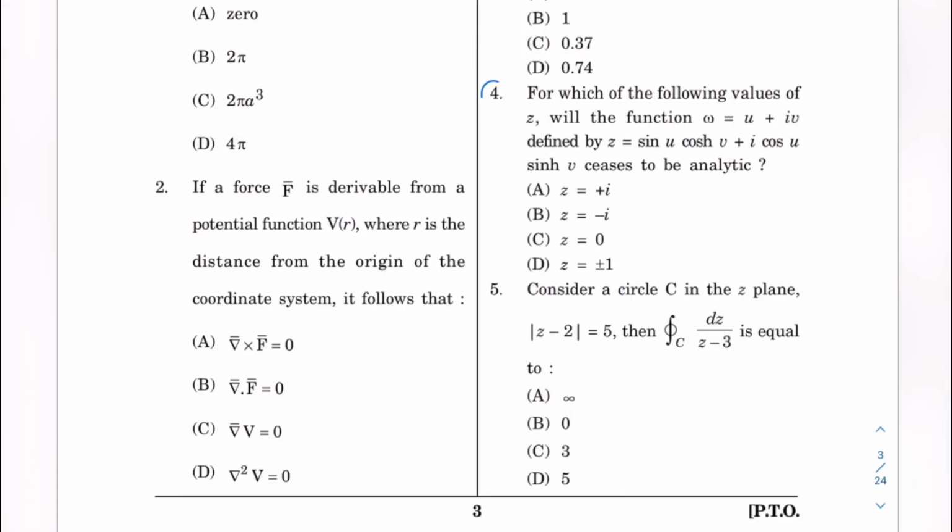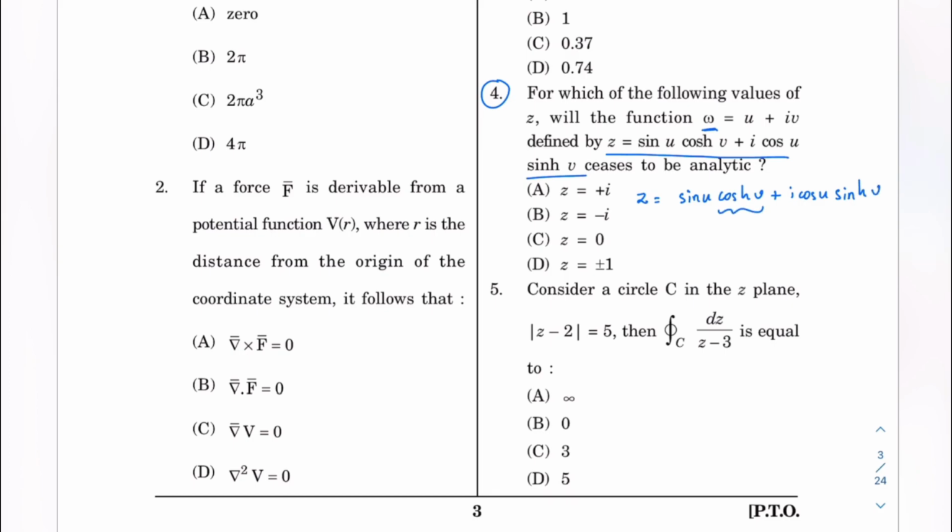Problem 4. For which of the following values of z will the function w given by this, defined by z equal to this, cease to be analytic? So we have z equal to sine u cos hyperbolic v plus i cos u sine hyperbolic v.